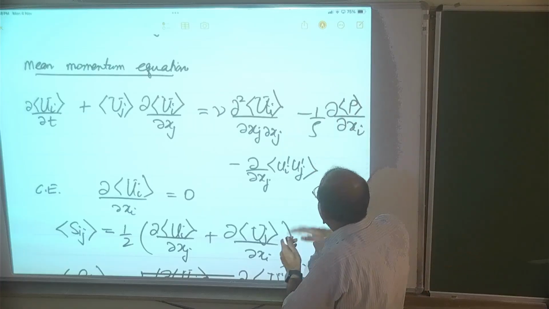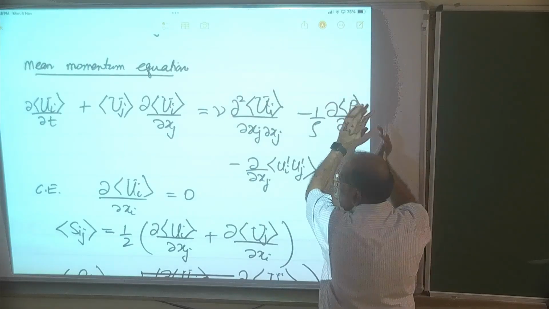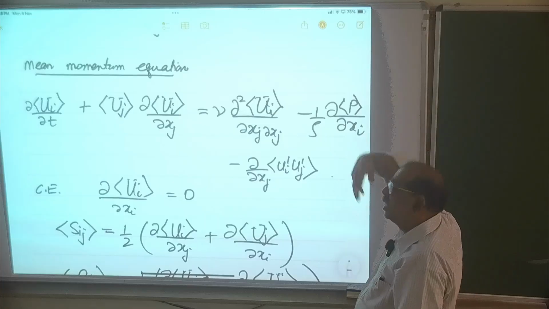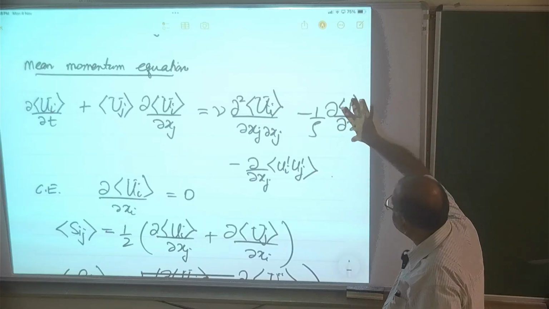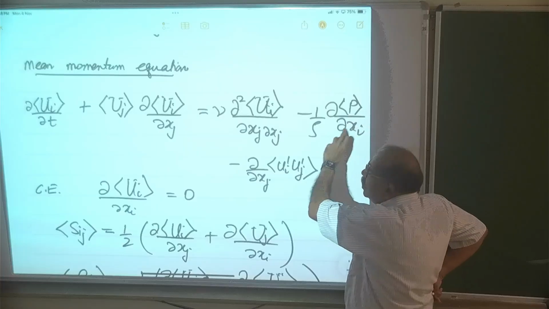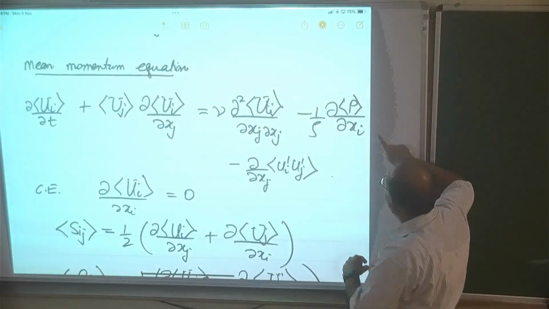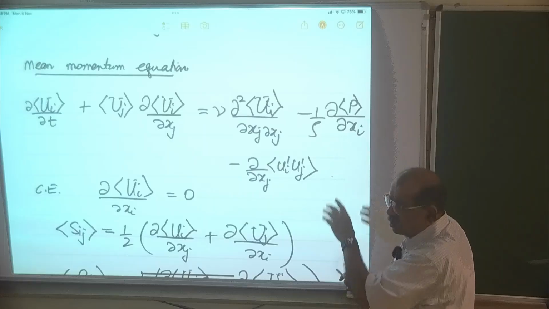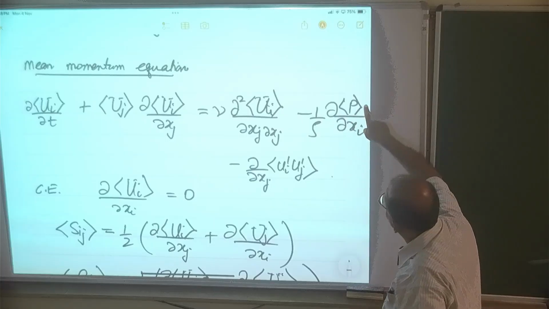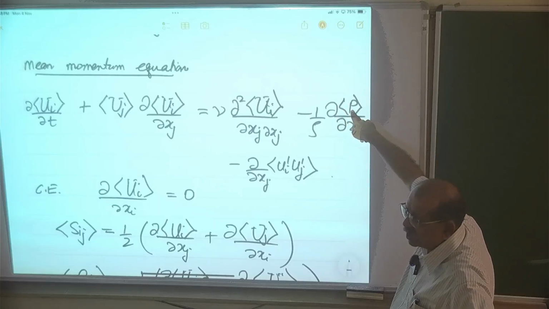So once you combine that with the pressure term, I can call mean P plus 2 by 3 k, let's say, Q. Then in this equation, what will happen is, because of k, Q will change, so the mean P will get affected.